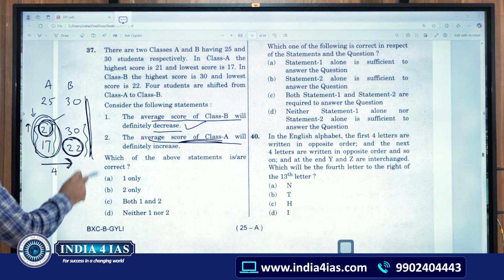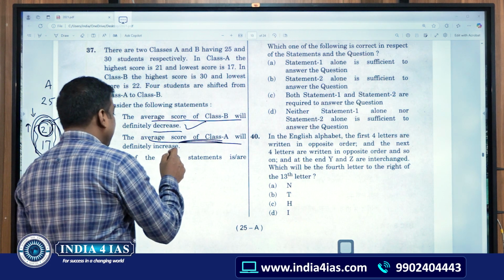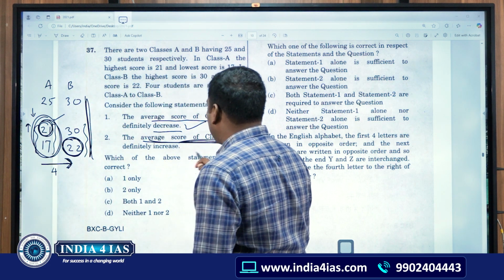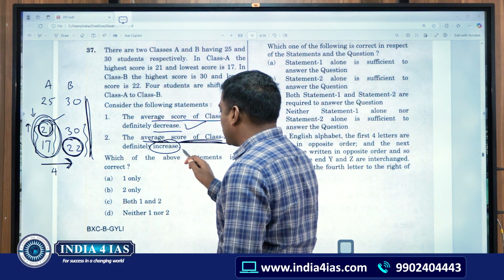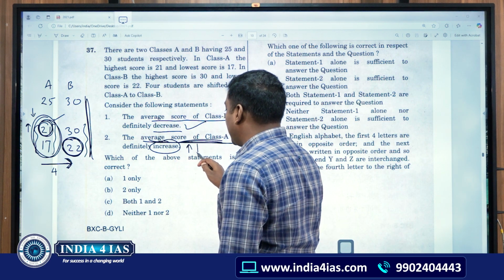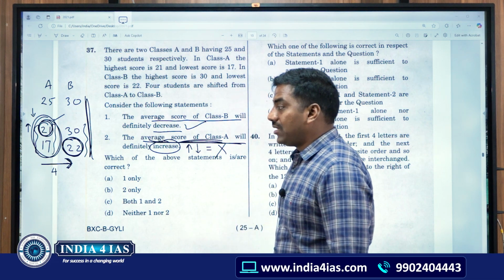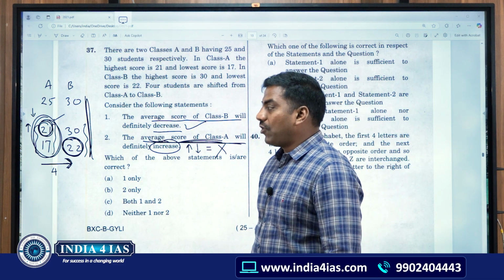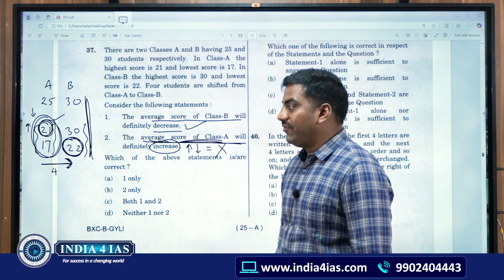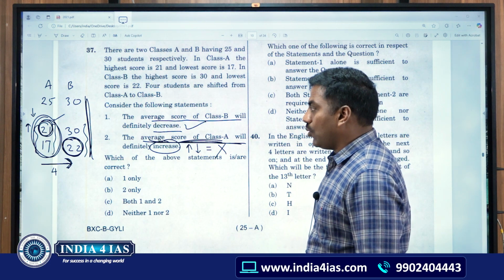If the average people come here, then their class average is not going to get affected. So we cannot say that the average score of class A will definitely increase. It might increase, decrease or remain the same. So this statement is wrong. But for sure, the average of class B will get affected negatively.